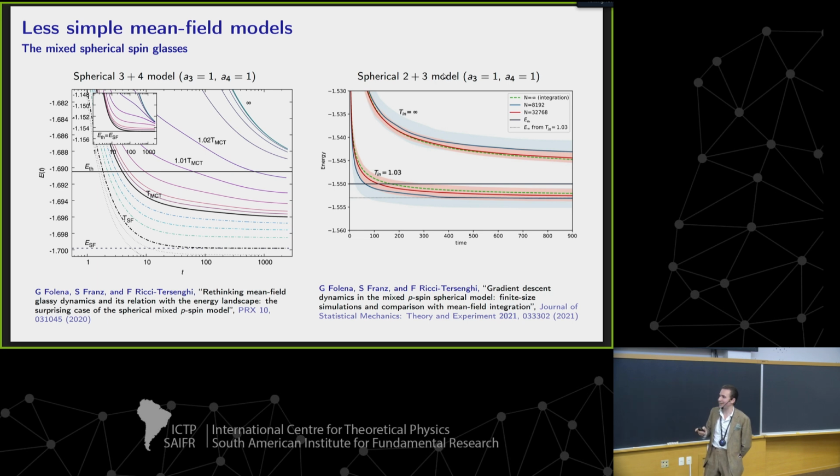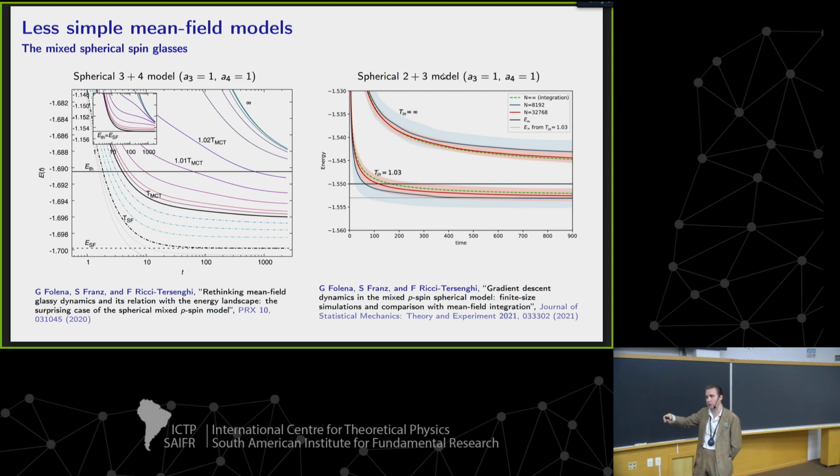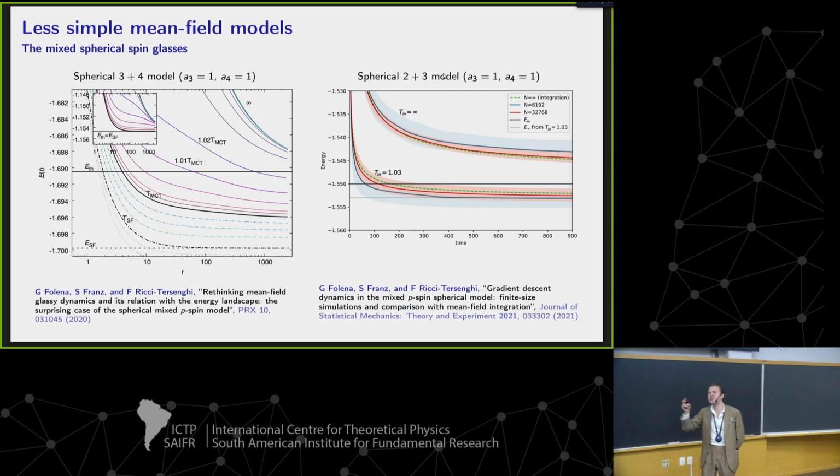But when you study, as the same colleague did last year, models with a wider separation between the two terms in the covariance, like 3+6 or 3+8, these are less pure-like, more different from a single homogeneous polynomial. In these, it's very clear that the asymptotic energies you go to are nowhere near the threshold energy and change a lot with temperature. I'm just not showing these because this is a slide I took before that paper was published.